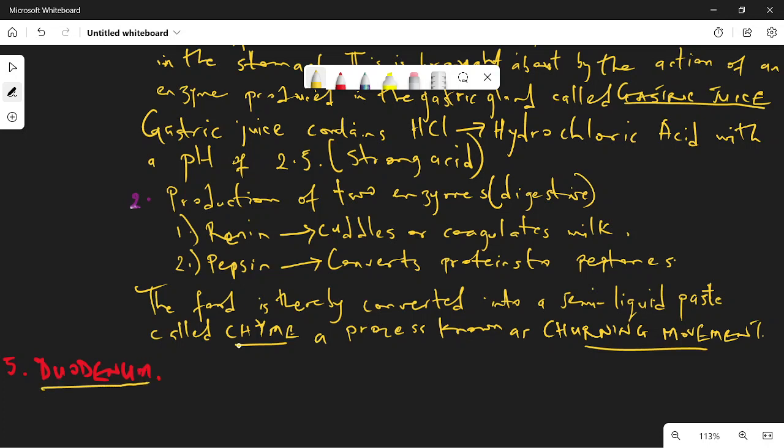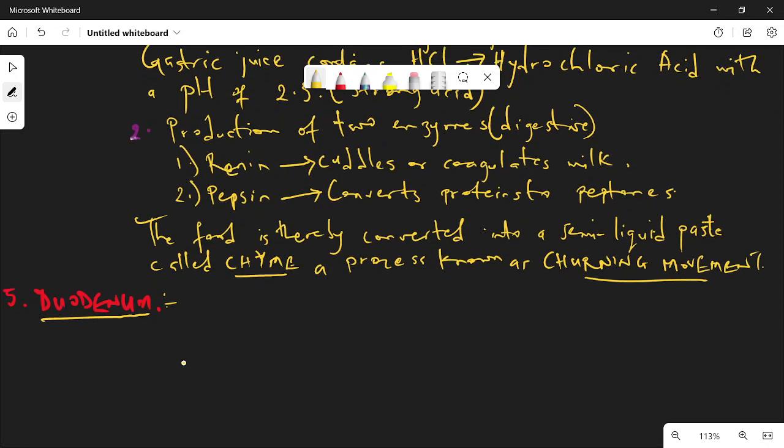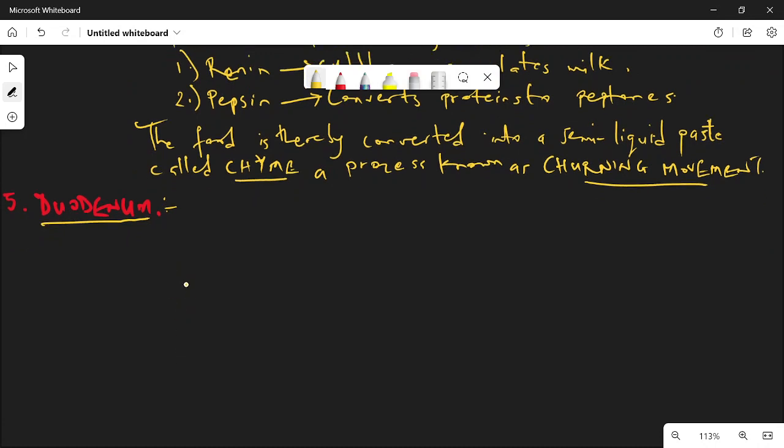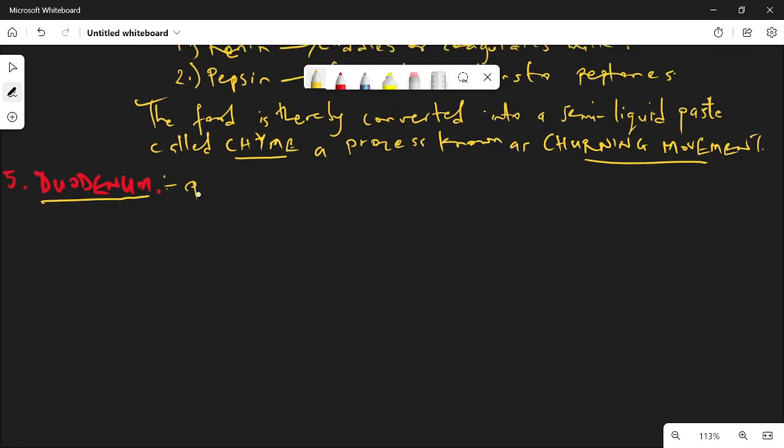In the duodenum, we have the production of certain enzymes. We call them the pancreatic enzymes or the digestive enzymes. We have the production of three main groups of enzymes.